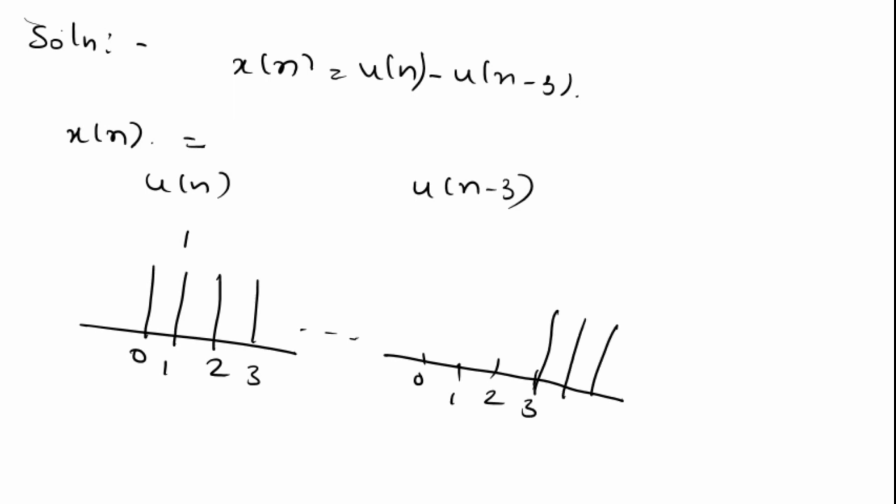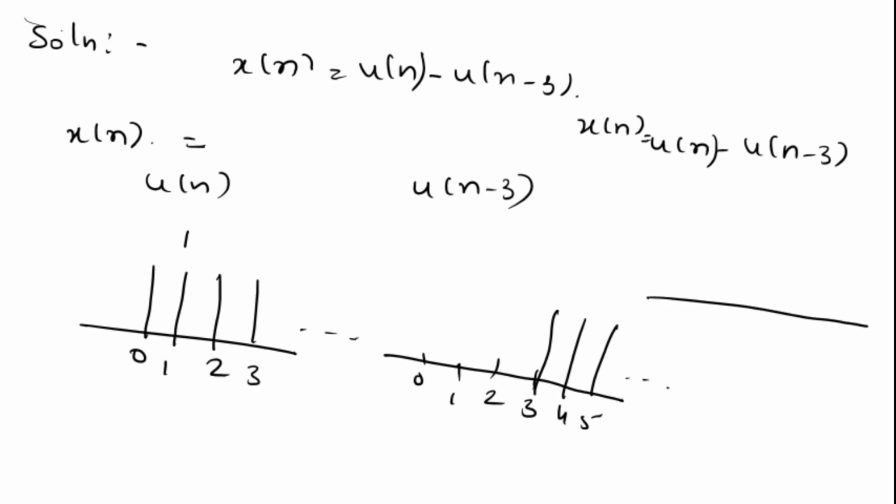Amplitude will be 1, and u of n minus u of n minus 3, which is equal to x of n, the signal is present only at 0, 1 and 2 with amplitude 1.